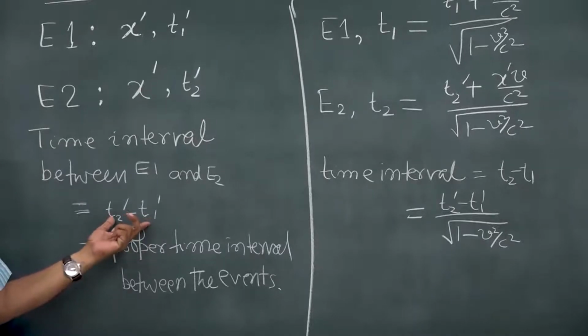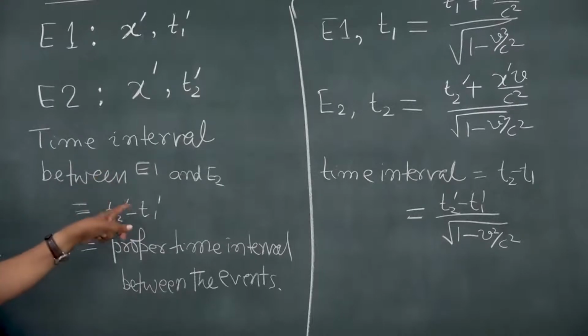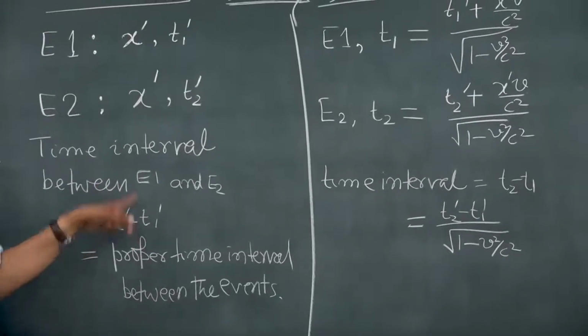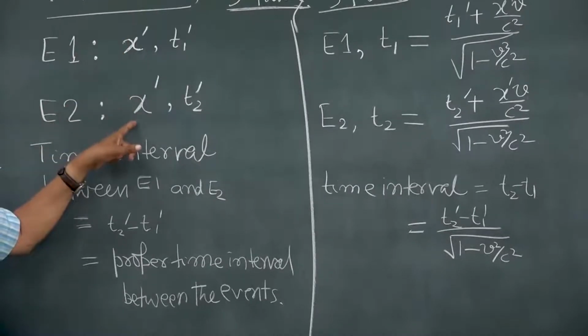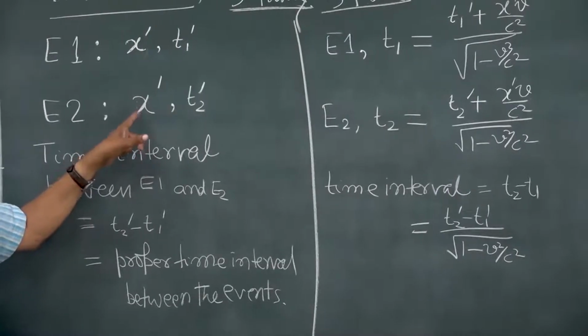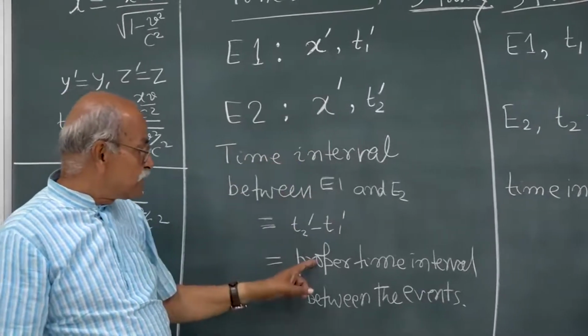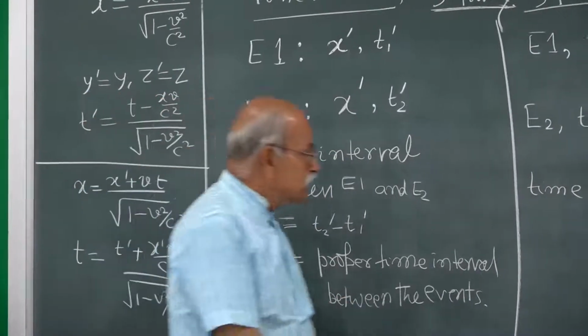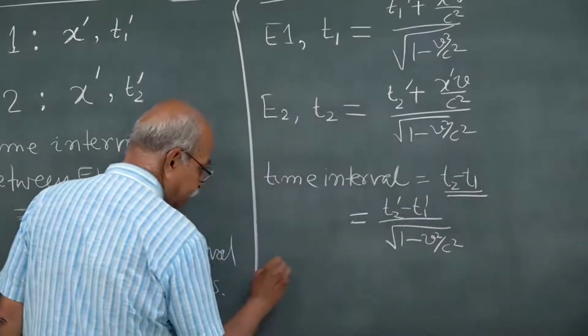This is very special. This is measured from a particular frame, a very special frame in which the two events have taken place at the same position. In all other frames which are moving with respect to this, this property will not be there, and hence this is called the proper time interval. So this is the proper time interval and this is the improper time interval.